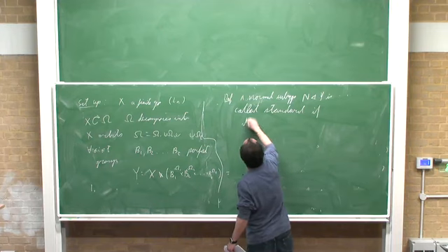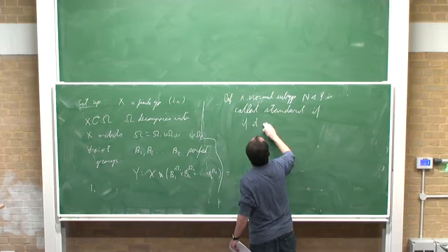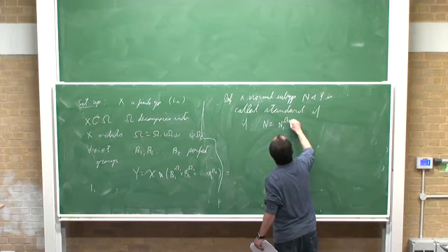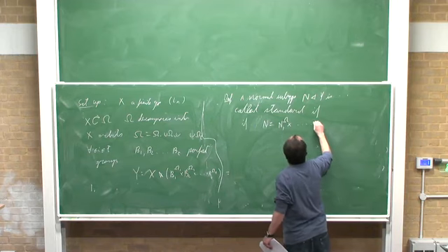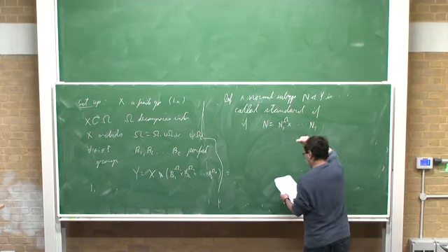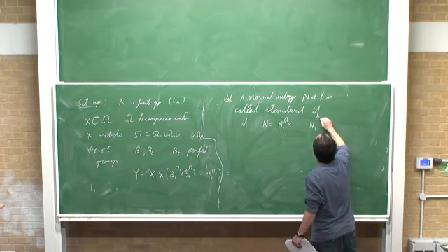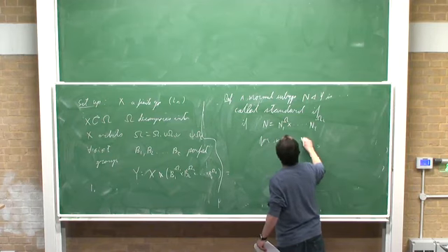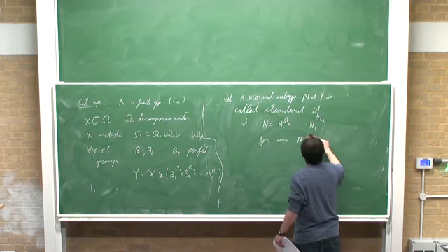N equals some n1 to the omega 1, times n2 to the omega 2, and so on, for some n_i normal subgroups.